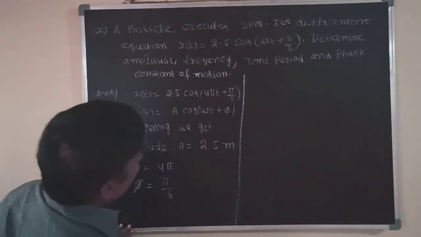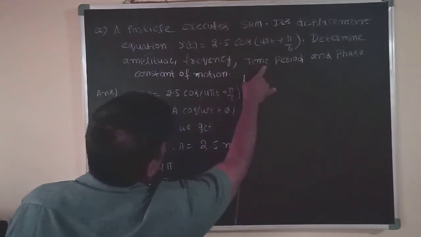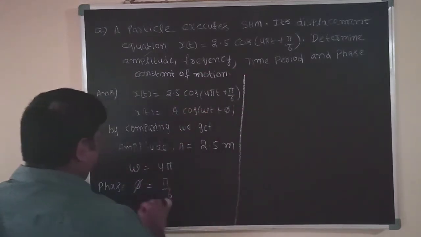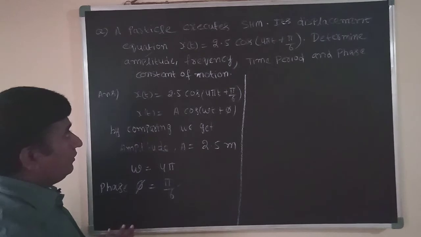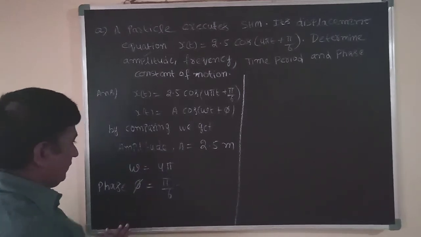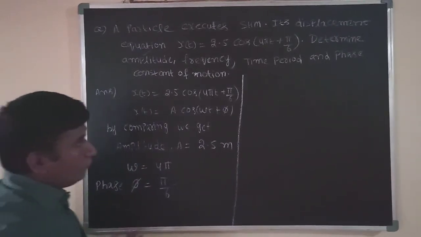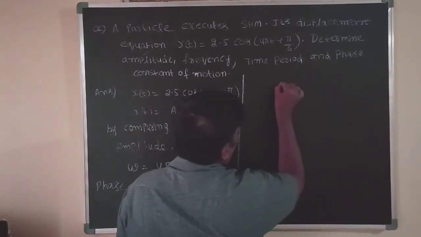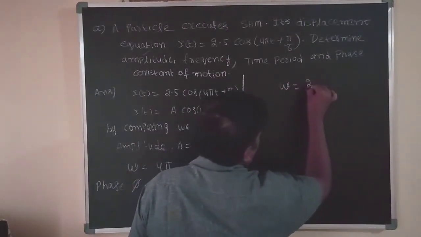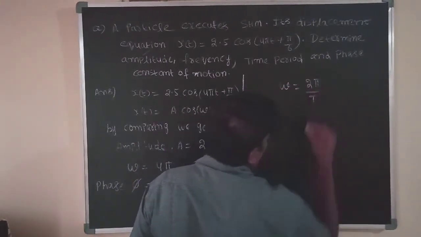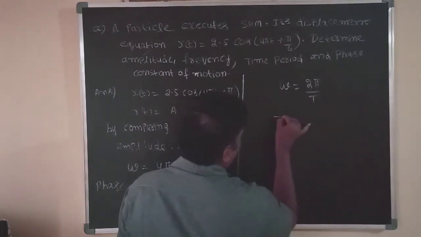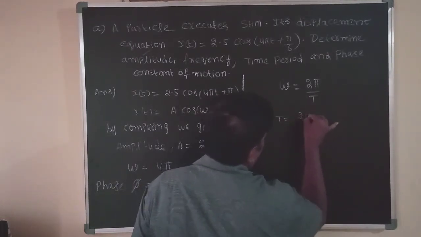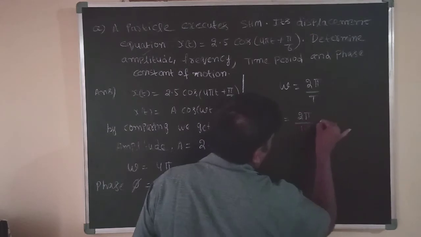The next thing we have to find is the frequency, time period and phase, which is nothing but 5 by 6. First we can find the time period. We have omega equals 4 pi, but we know omega equals 2 pi by T. So T equals 2 pi by omega.